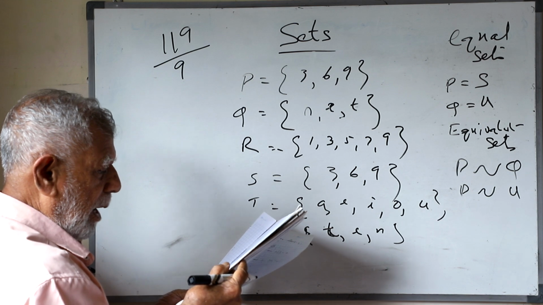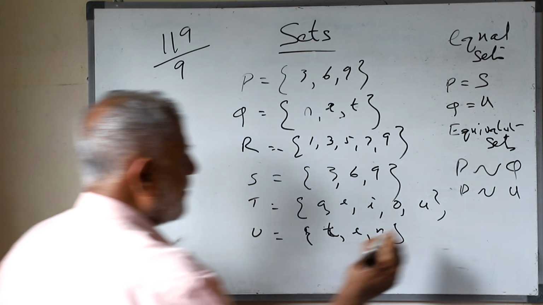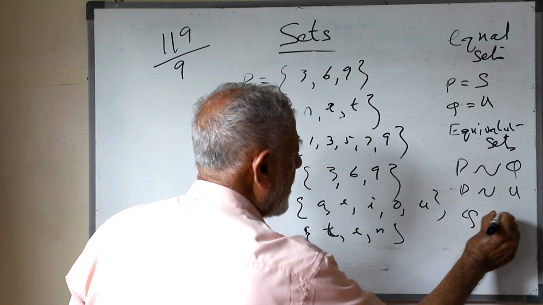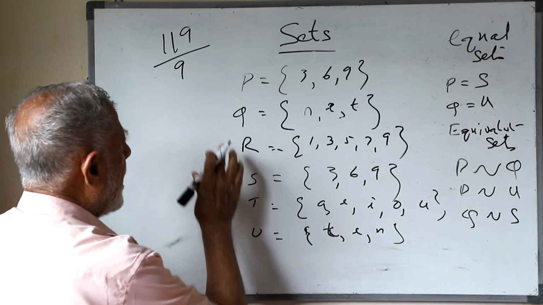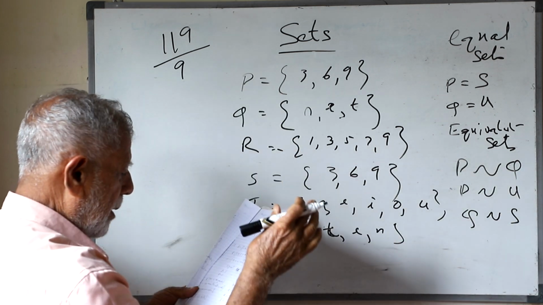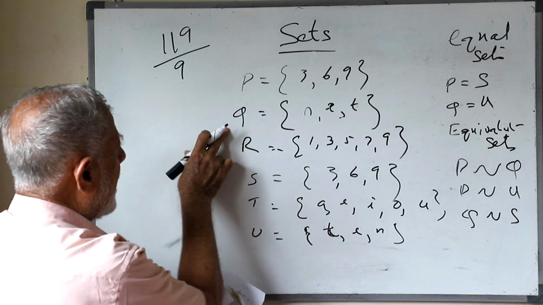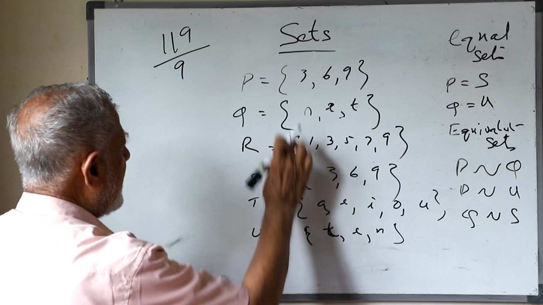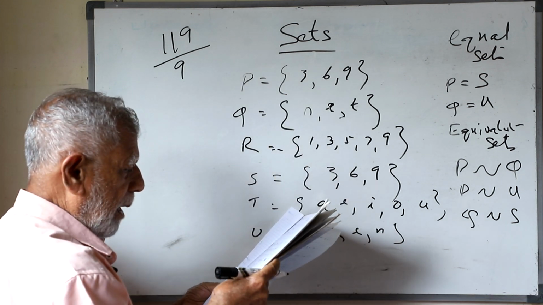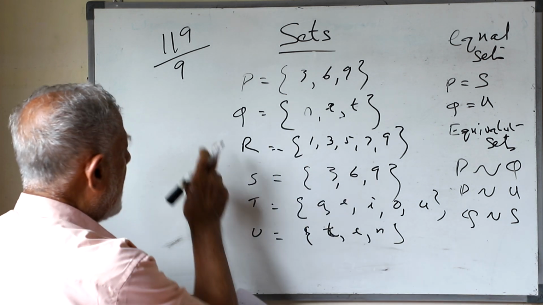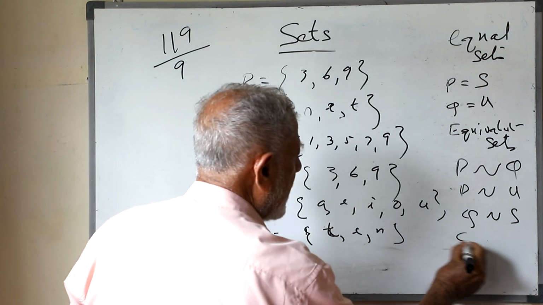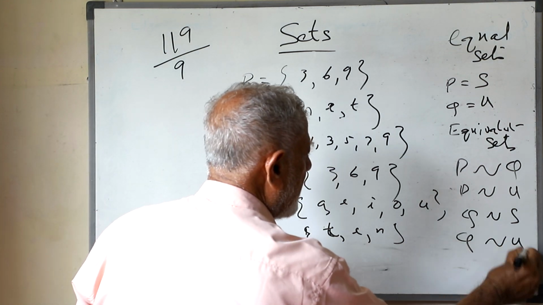Then we have Q equivalent to S, 3 elements. Then we have Q equivalent to U.